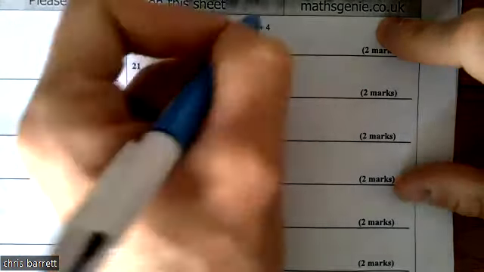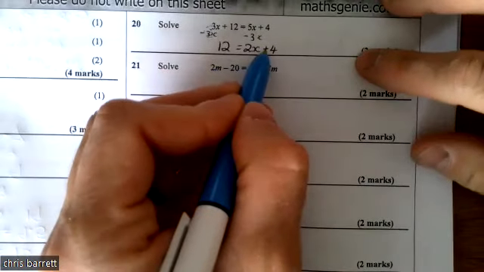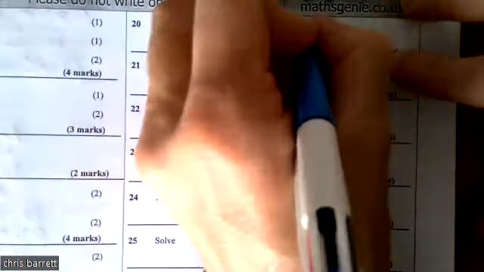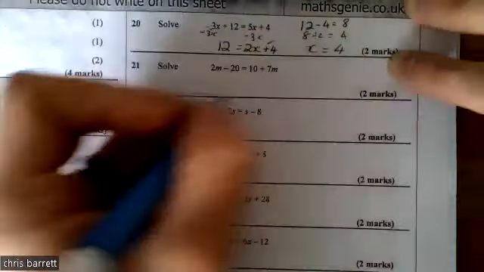Now we can solve that equation as normal. So get rid of the adding 4 first of all. So 12 subtract 4 equals 8. That gets rid of that. And then 8 divided by 2 gives me 4. So then x is equal to 4.